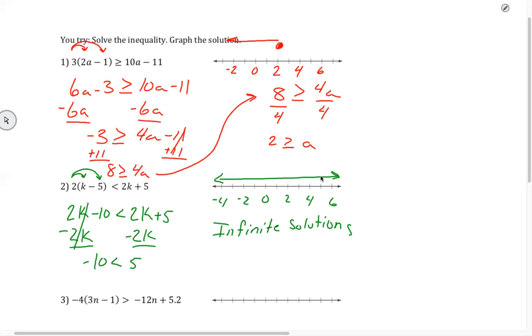All right, if you guys get stuck, I've put the answers to 1 and 2 on the board. Good, because that represents your solution.